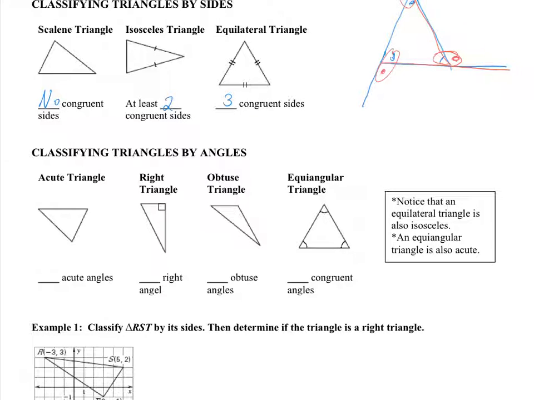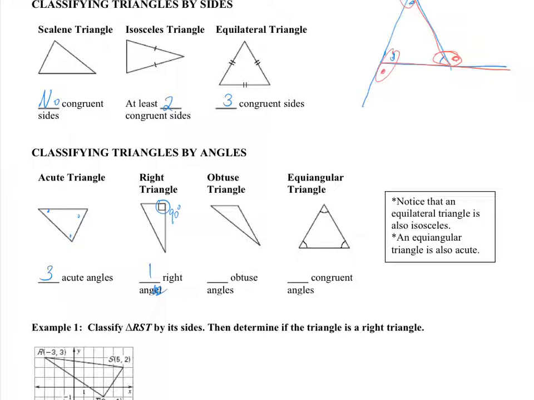And now how do we classify triangles by angles? Here we have the acute triangle with 3 acute angles, meaning these 3 angles have measures between 0 and 90 degrees. And then we have the right triangle with 1 right angle. This is 90 degrees, right angle.